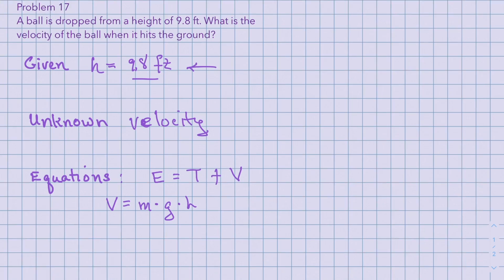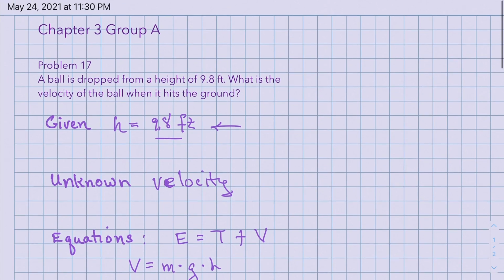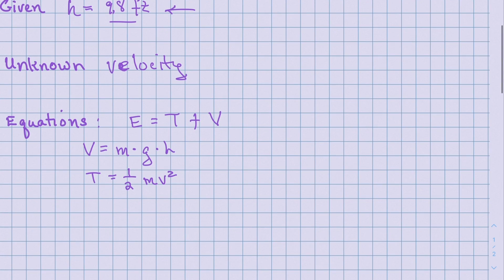The kinetic energy equation is 1/2 mv squared. Now, here's the thing. The total energy is going to be equal to the potential energy at 9.8 feet.